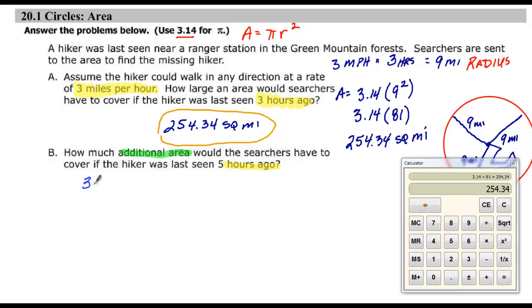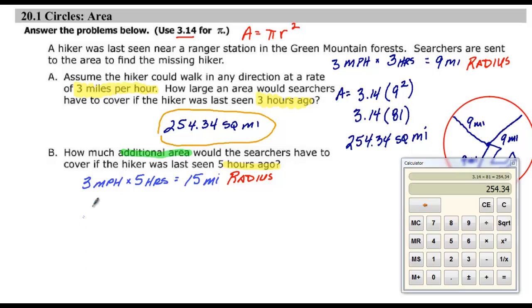So now we have 3 miles per hour times 5 hours. The hiker could have traveled 15 miles, and that becomes the new radius. So now we're looking at a circle with a radius of 15.